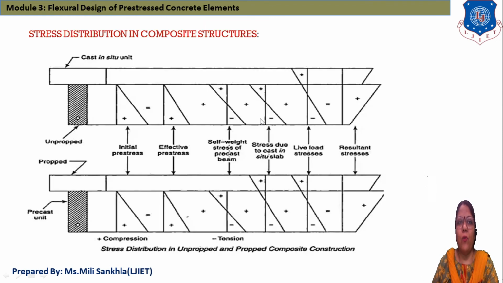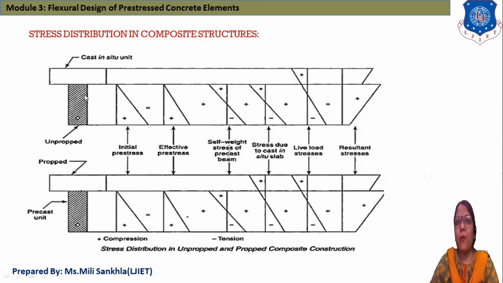Okay, now next, stress distribution in a composite structure. Here we take the stress distribution in a composite structure in the form of cast in situ and precast prestressed member. First one is our T girder. The top flange is cast in situ, and this one is a web.